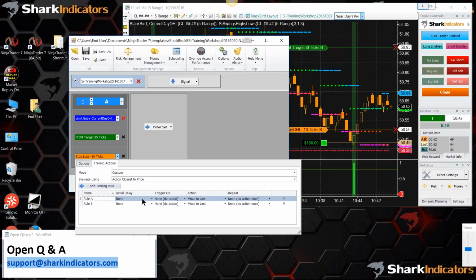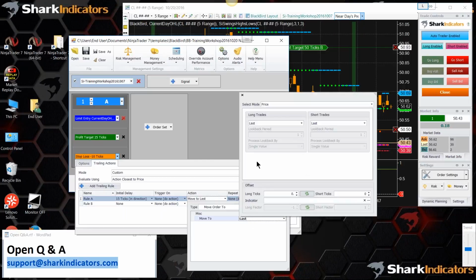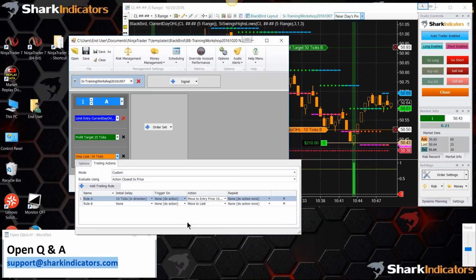So we got rule A, and for rule A, we want to wait for 15 ticks in profit, and then we want to move the stop loss up 10 ticks from the entry price. All right, so there's that one.